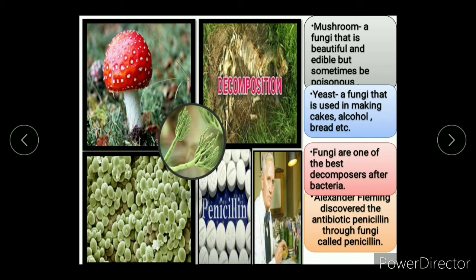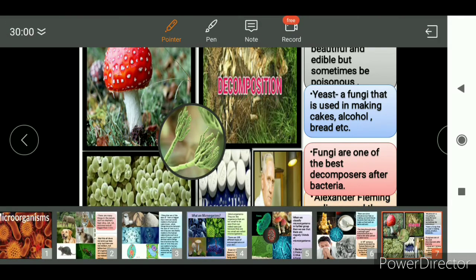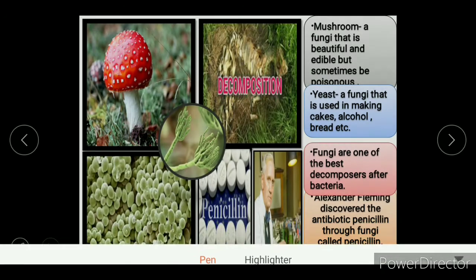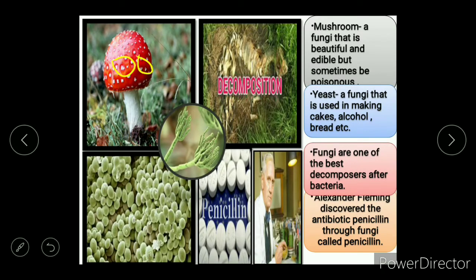If you went to a camp and ate a mushroom, it is not sure that it is one of the good mushrooms, because a bad mushroom can be wearing a face mask of a good mushroom. This mushroom can even cause you diseases, make you ill, and in many cases it also kills people. So do not eat mushrooms from here and there, just take edible ones from the shops.